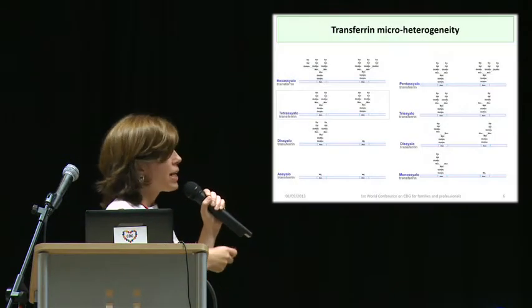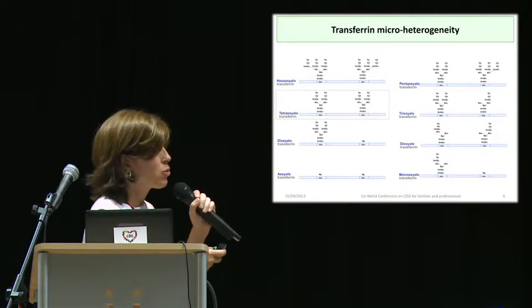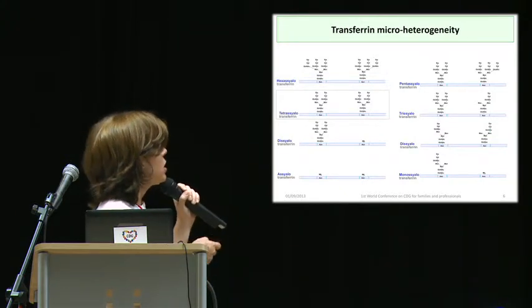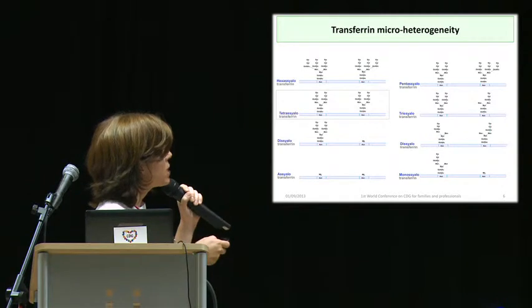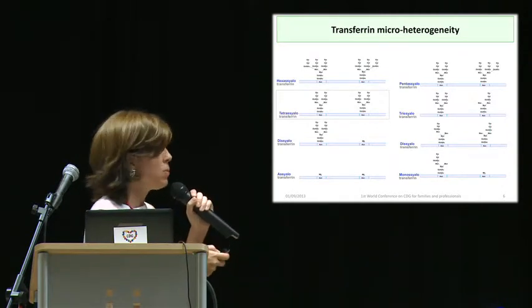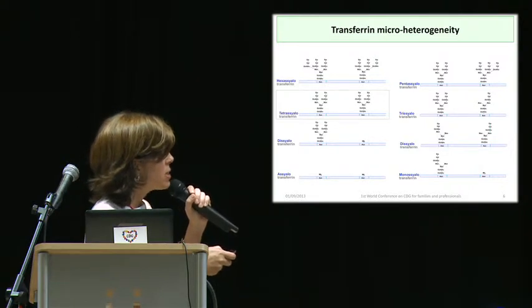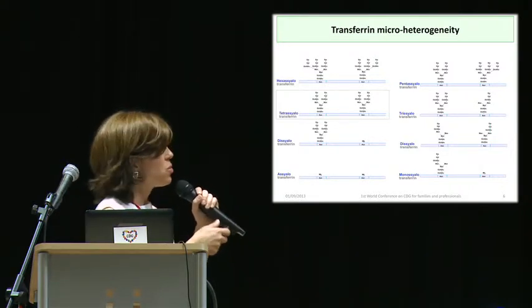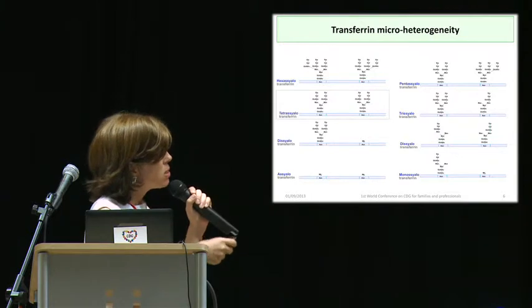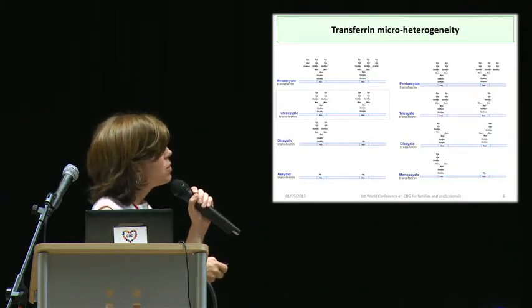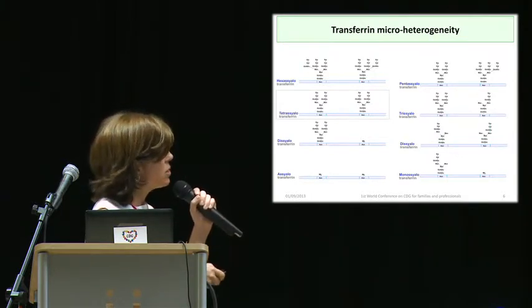So, going back to the transferrin and its microheterogeneity, if the sequence of amino acids in the protein is the same, the number of sialic acids helps us to separate these micro differences between the transferrins.